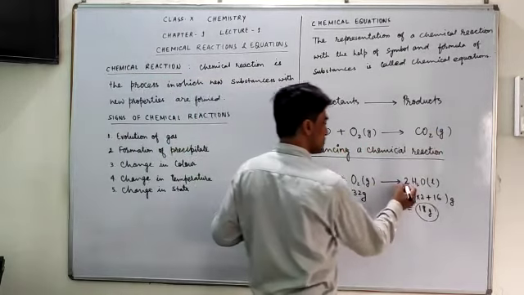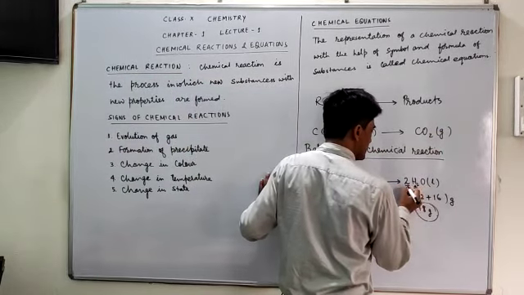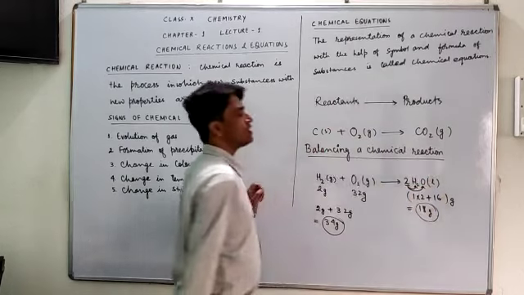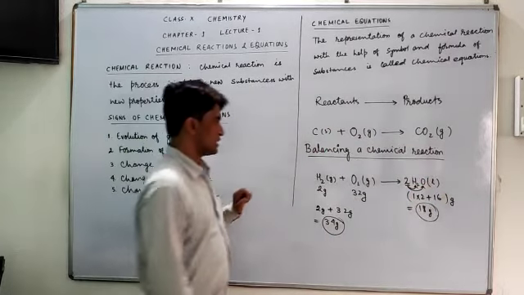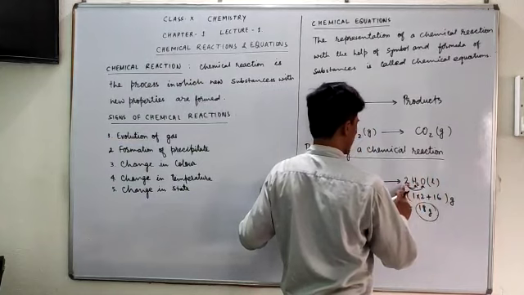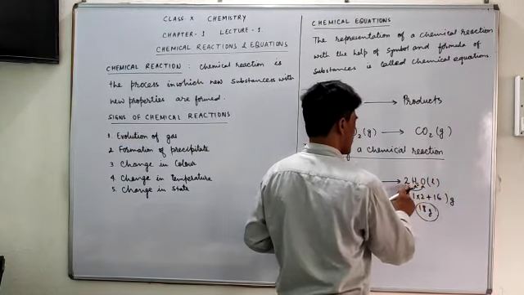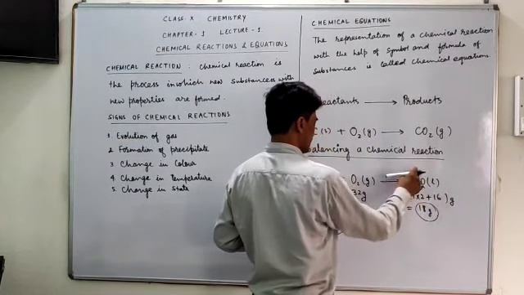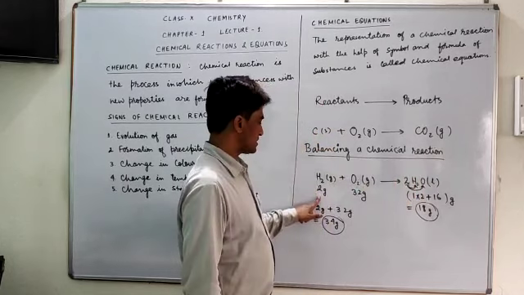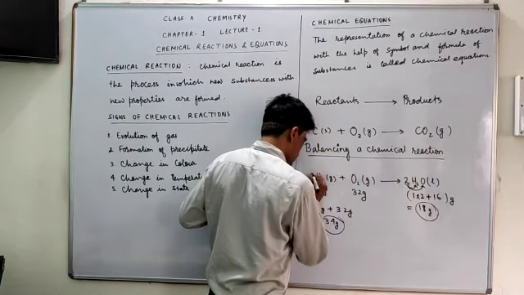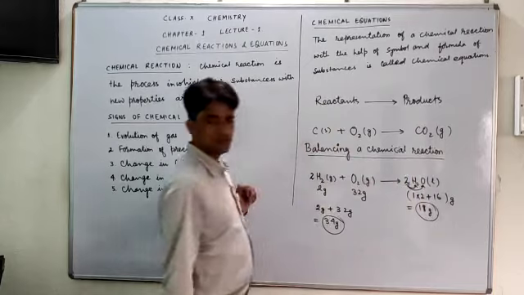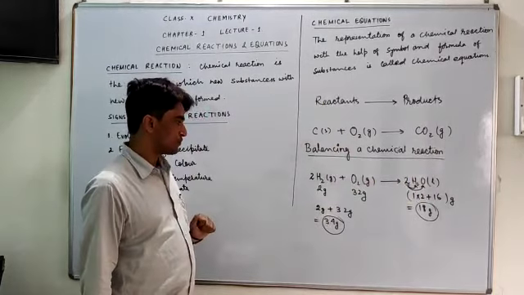And this digit should be multiplied by each atom present in the chemical species. 2 into 1, 2 oxygen. But hydrogen will become 2 into 2, that is 4. Here only 2 hydrogen is present, so we should write 2 before H2.